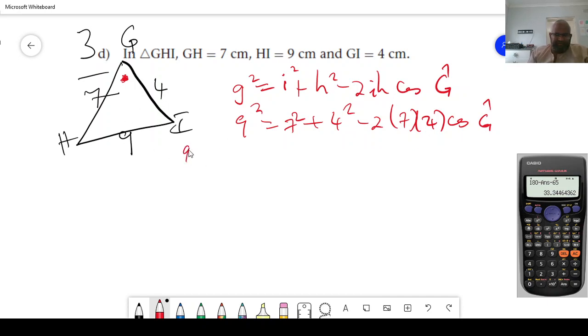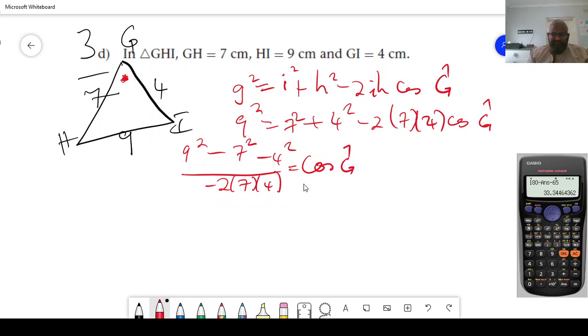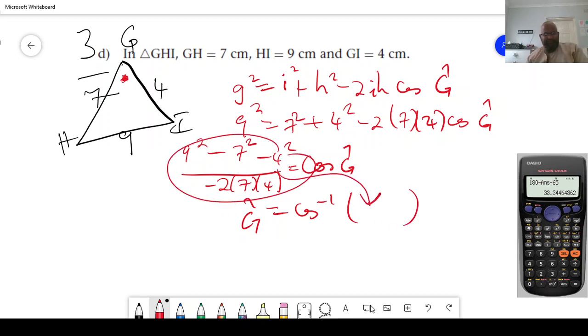So it becomes now 9 squared minus 7 squared minus 4 squared, divided by negative 2 times 7 times 4, equals cos of angle g. So angle g is going to be arc cos of whatever that ratio is. Okay, so let's put that in the calculator.